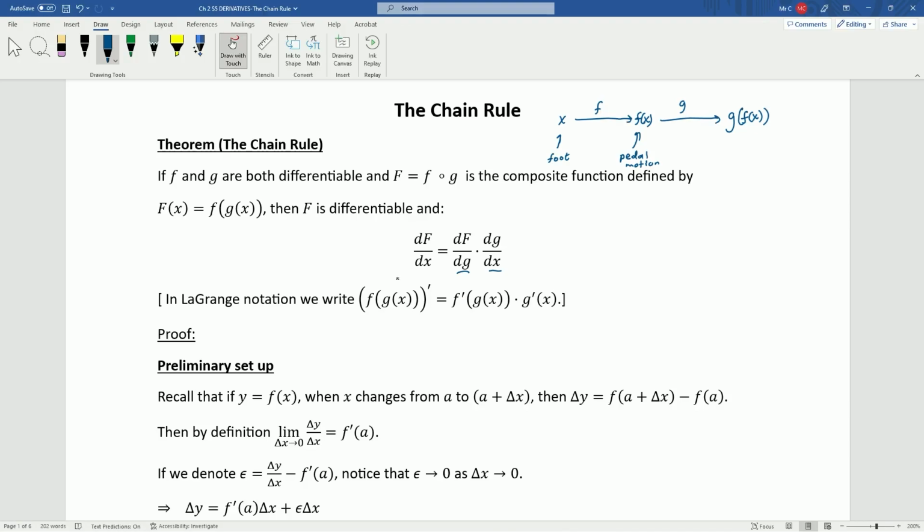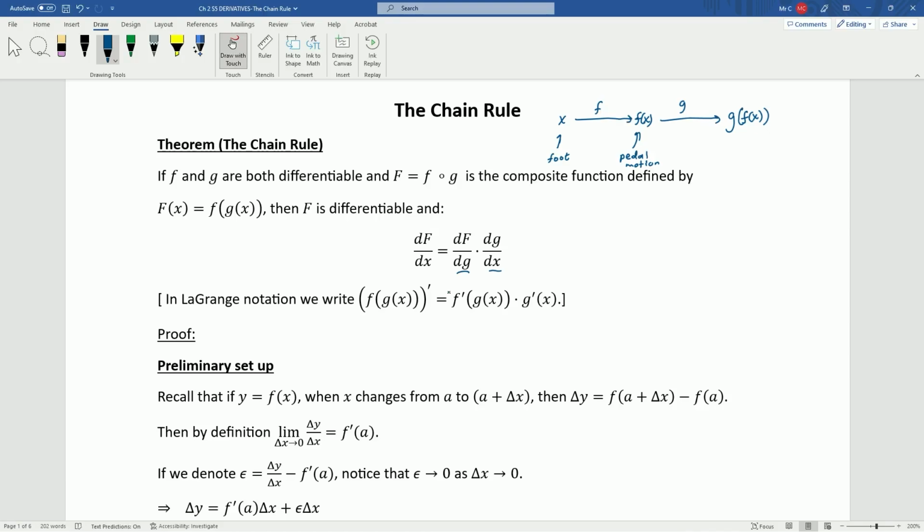So in prime notation, the only way we can write this is f of g of x all prime equals f prime of g of x times g prime of x. But there's some issue here because this f prime would typically make us think to take this derivative with respect to x. But that's not the case. We need to take this derivative with respect to whatever that variable g is.